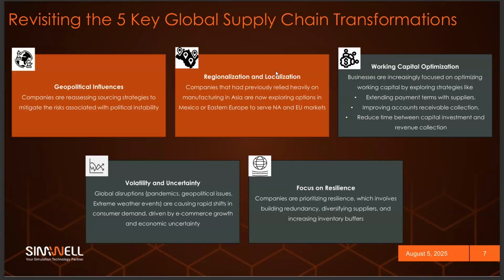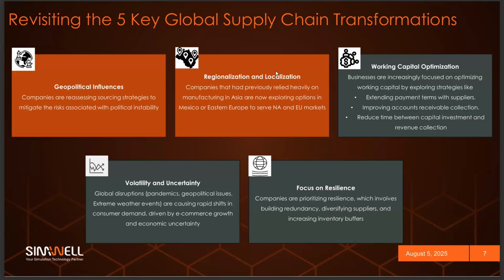The second one is regionalization and localization. This is, we can say, maybe because of the impact from the first factor. Nowadays, regionalization and localization is becoming more and more important. Why? Because the countries are forming trade blocks.